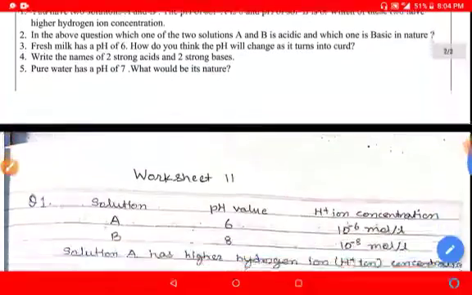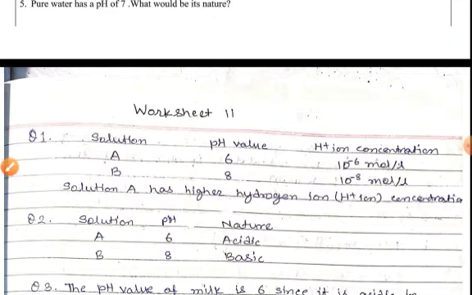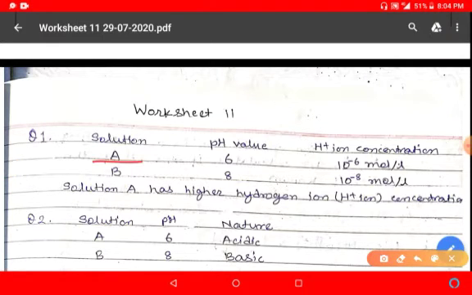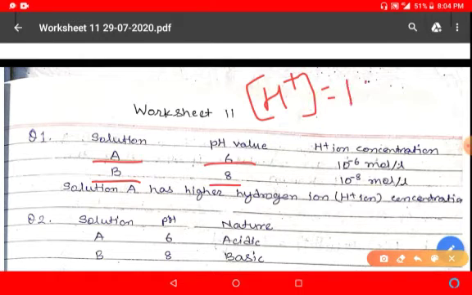After that we carry out these solutions: solution A and solution B have the pH values 6 and 8, and the formula for hydrogen concentration is H plus equals 10 to the power minus pH. When the pH is 6, it is 10 to the power minus 6 mole per liter.